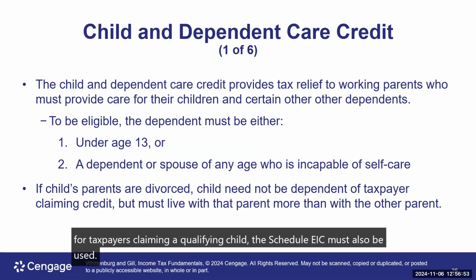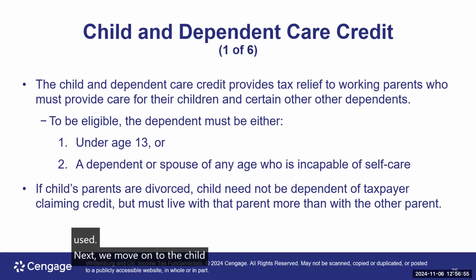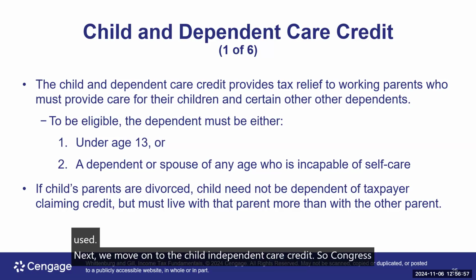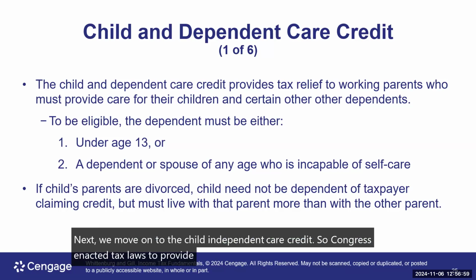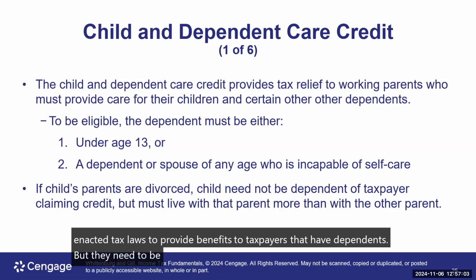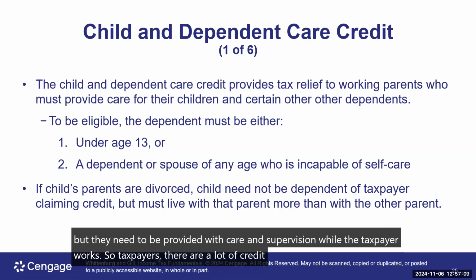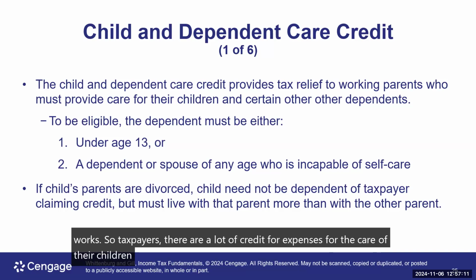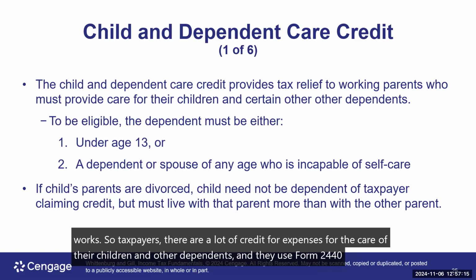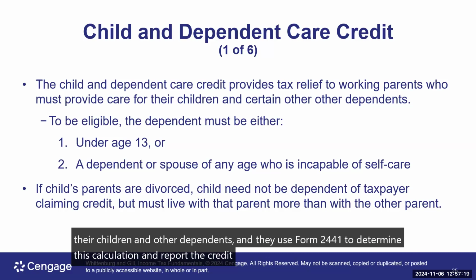Next, we move on to the Child and Dependent Care Credit. Congress enacted tax laws to provide benefits to taxpayers that have dependents who need to be provided with care and supervision while the taxpayer works. So taxpayers are allowed a credit for expenses for the care of their children and other dependents, and they use Form 2441 to determine this calculation and report the credit for child and dependent care.